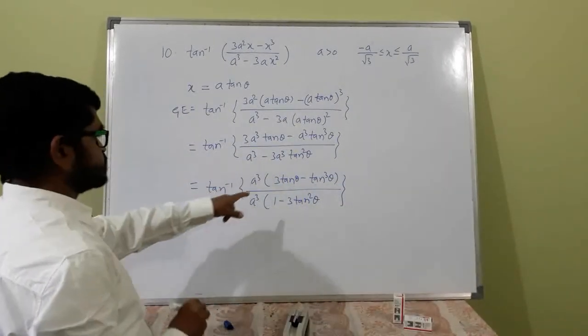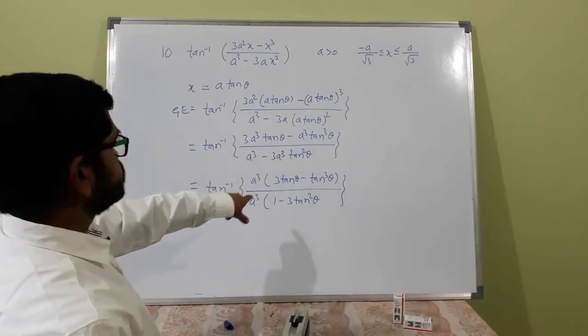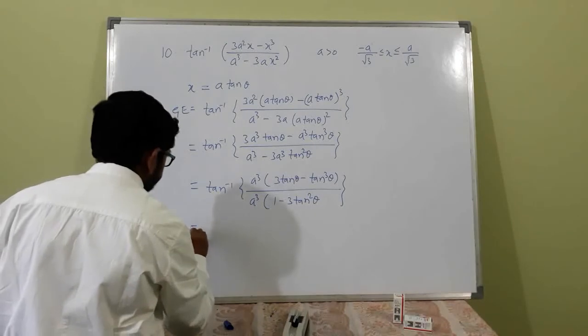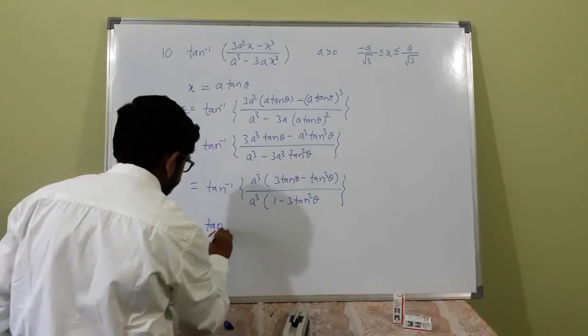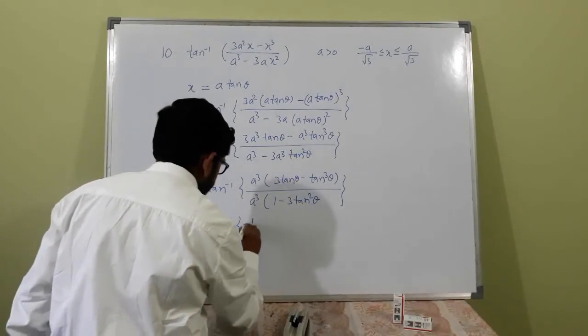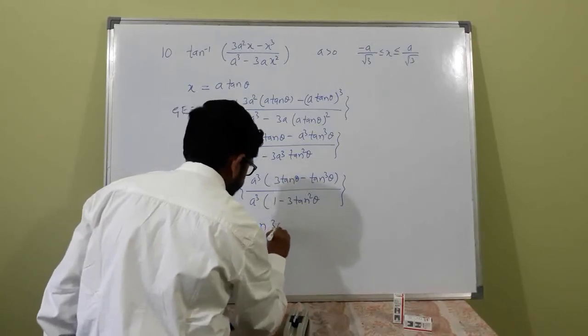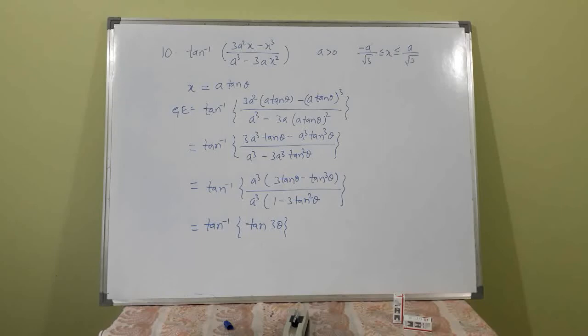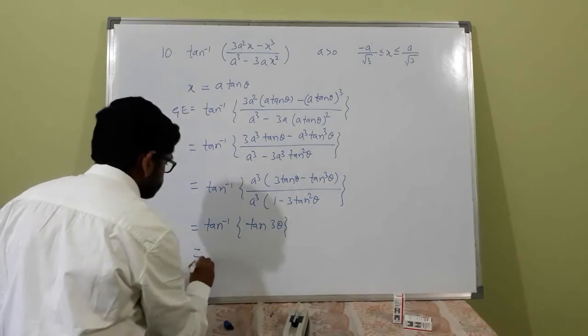A cube gets cancelled, and 3 tan theta minus tan cube theta divided by 1 minus 3 tan square theta is nothing but tan 3 theta. So here you should be familiar with the multiple angles.